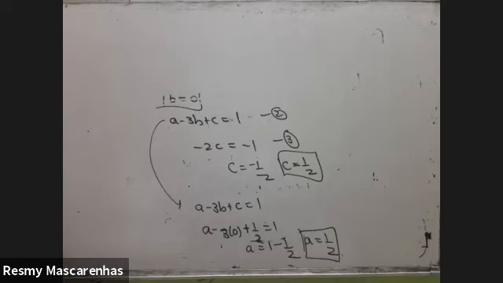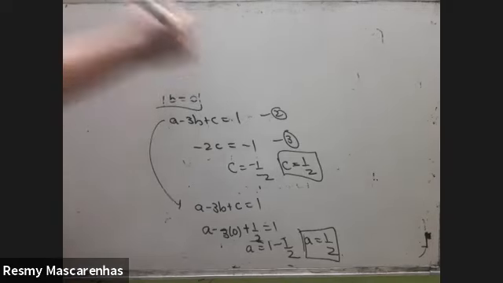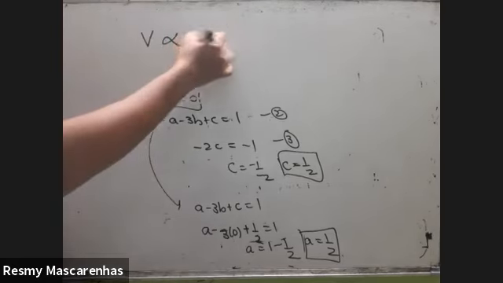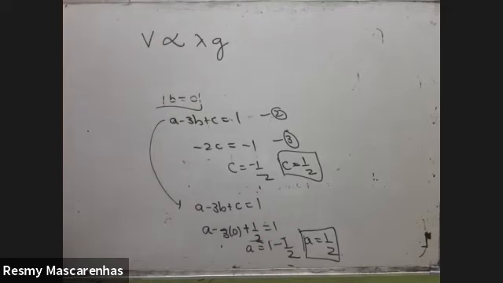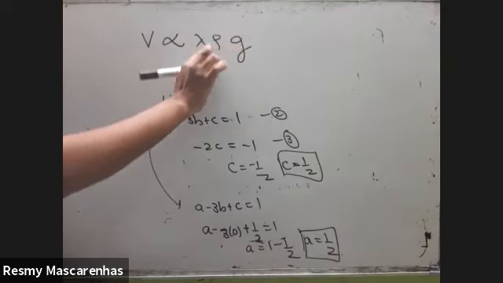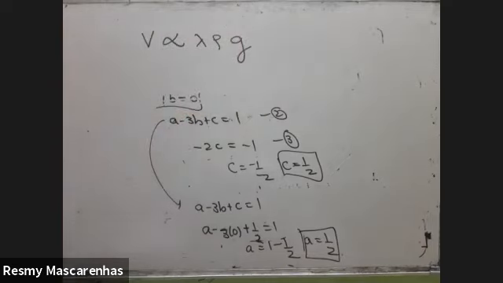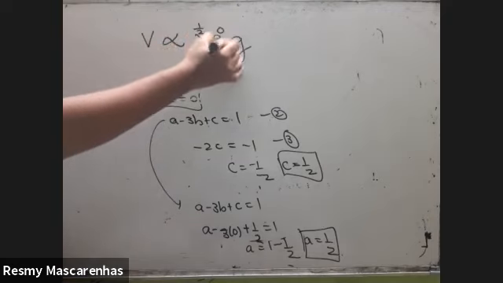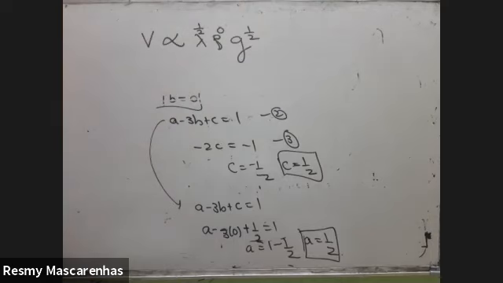And now we substitute. Rho. This order will not matter, okay? G you can always write first, rho you can always write on the other side. So this will be half. This you got as 0. This you got as half.